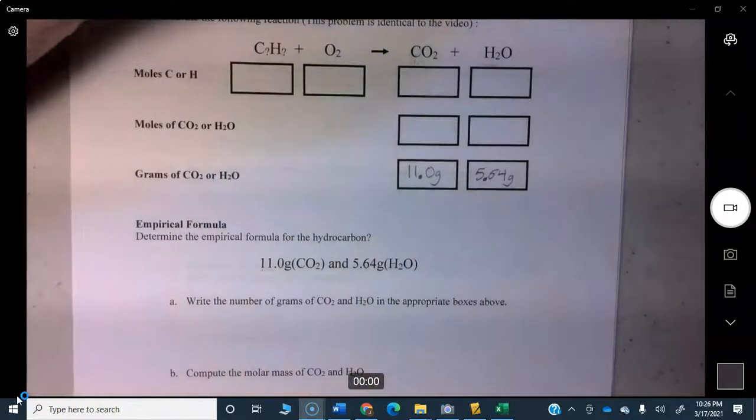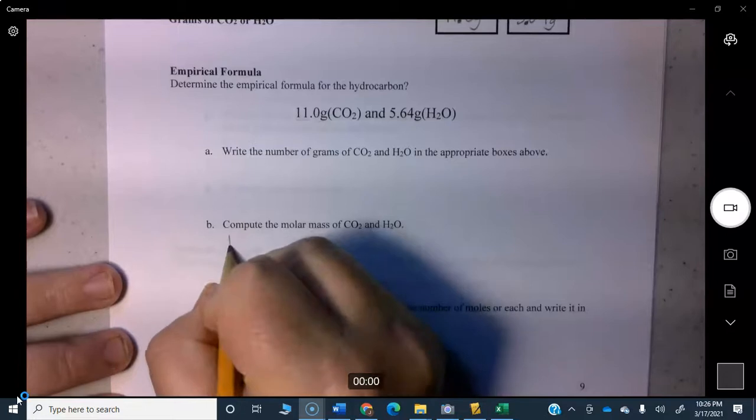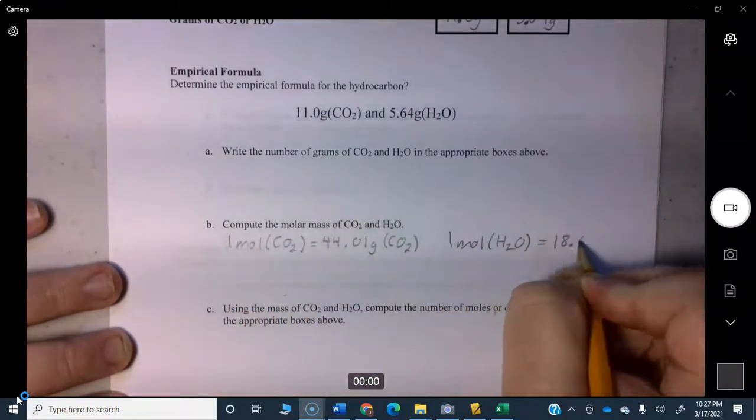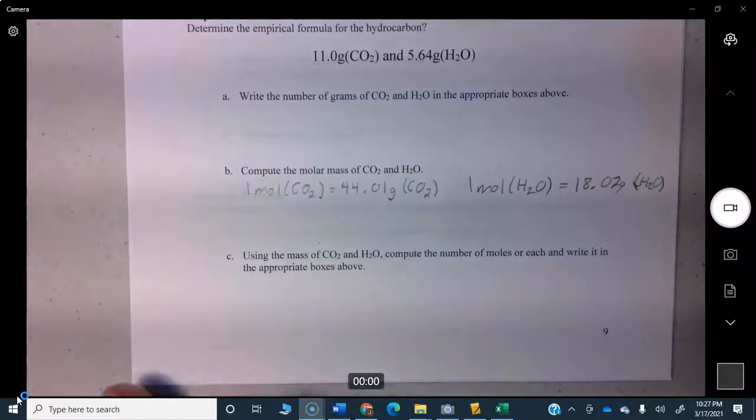There's the grams. Compute the molar masses of CO2. We've already done that, so let's just write the conversions. Okay, there's the molar conversions. So using the masses up here and these, let's figure out how many moles of each substance we have.